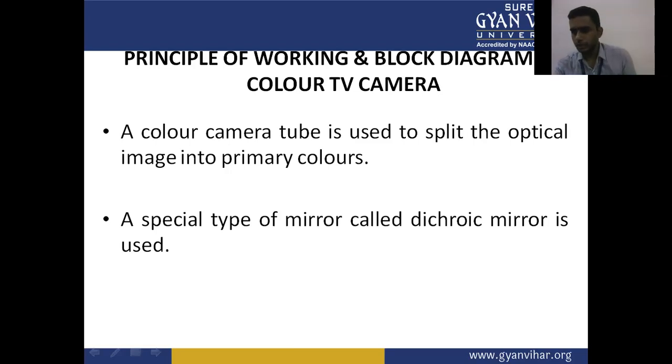The signal is then developed across the load resistance at 1 volt peak to peak across 75 ohms, so we have the signal at the output of the camera tube.